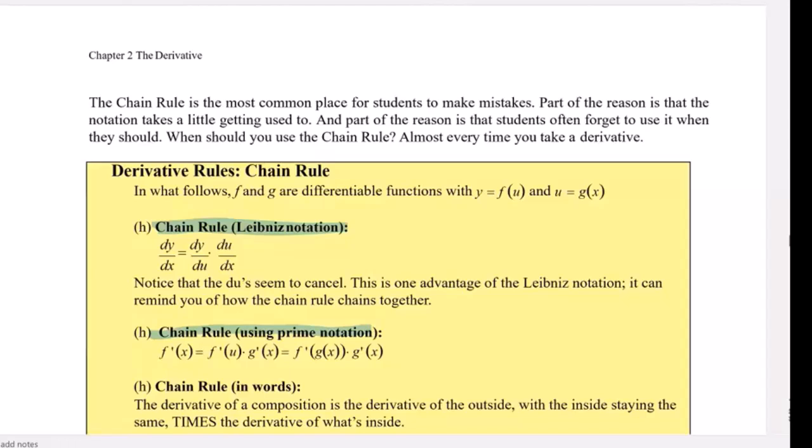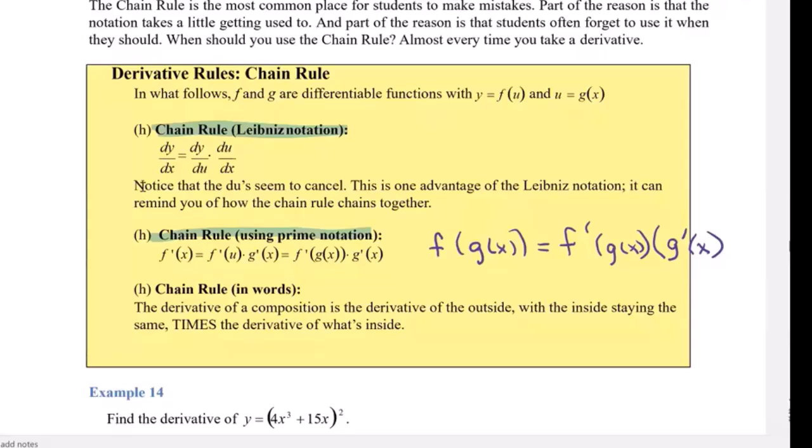Actually, this is pretty complicated the way they have it written. So let me rewrite this as, if I want to take the derivative of f of g of x, it's equal to the derivative, while I put g of x in here, times the derivative of the inside function. And we'll talk more about inside and outside functions. We've already talked about it before, we'll talk about it again.